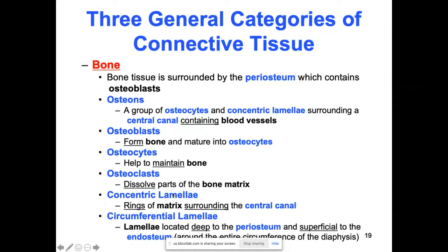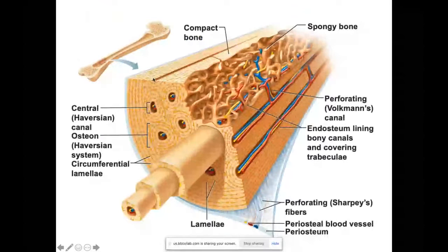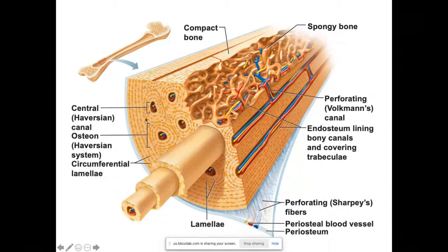If I go back here, we see that we have concentric lamellae, circumferential lamellae, and interstitial lamellae. Lamellae are just these rings. Concentric makes the full ring. The circumferential goes around the entire outer perimeter.